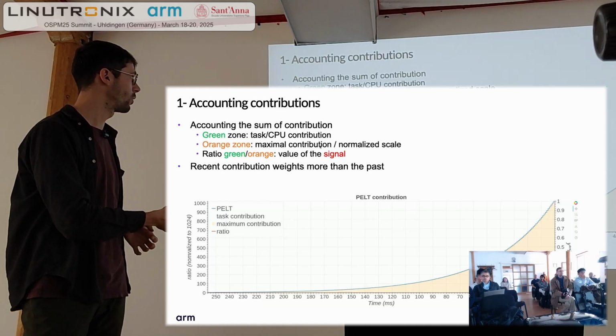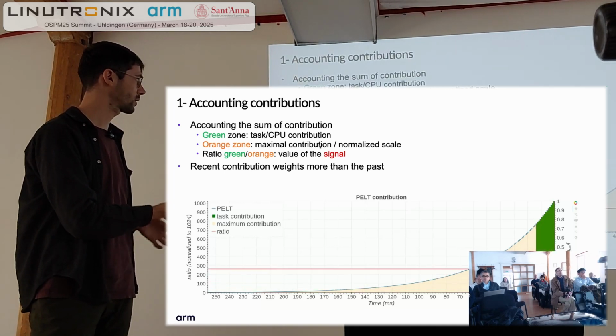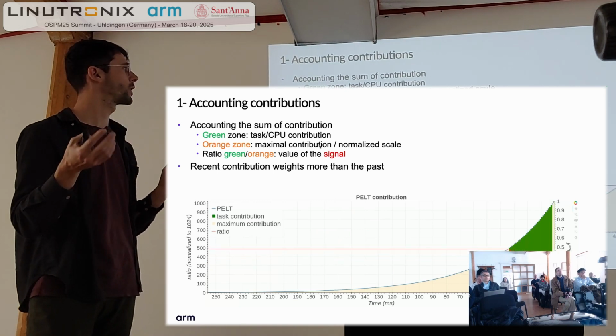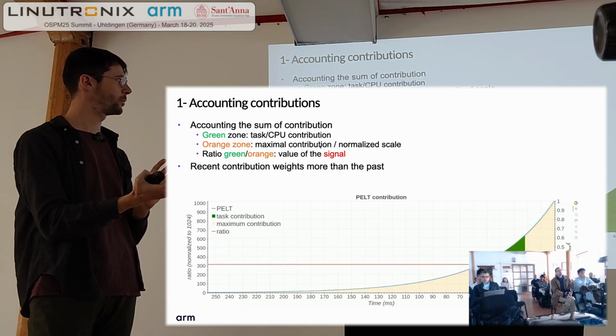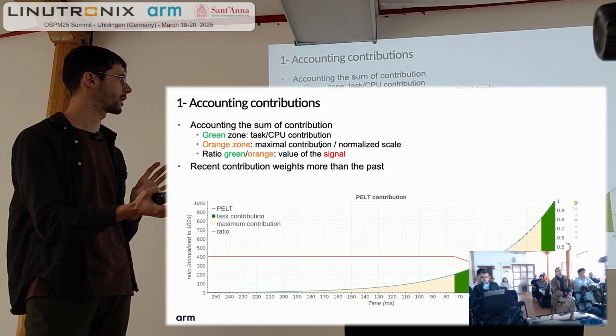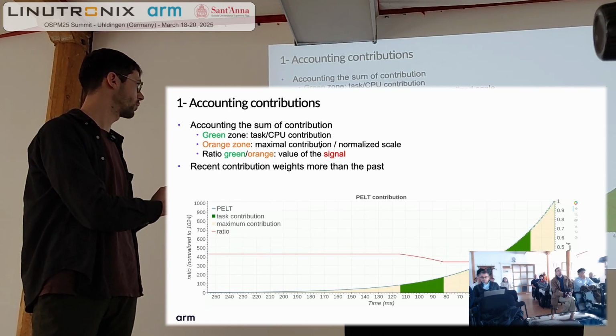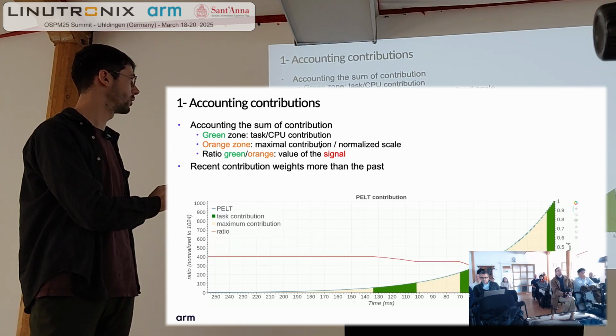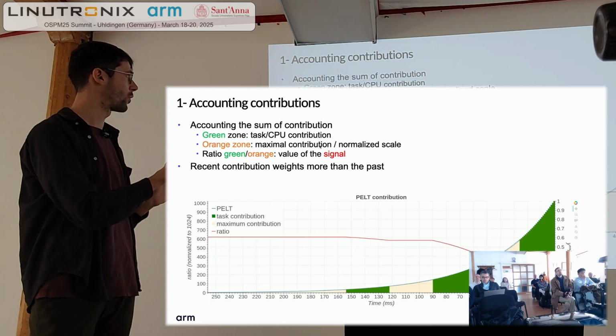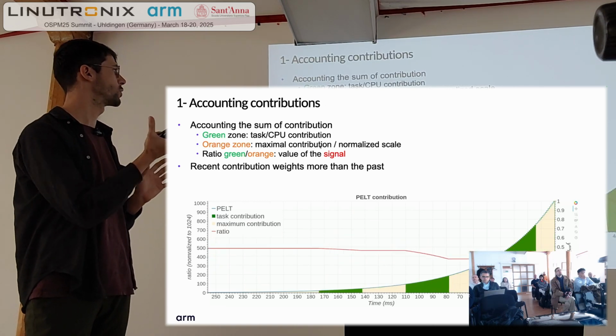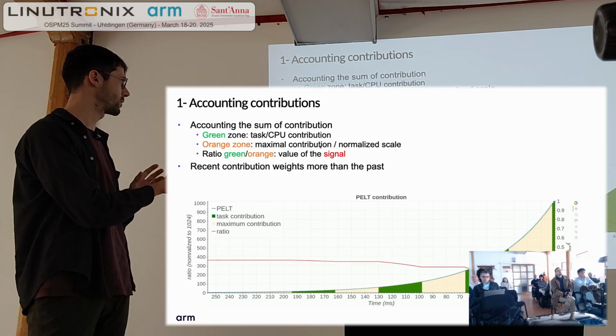If you have a task which runs 32 milliseconds, then sleeps 32 milliseconds, the contributions are going to be accounted like this. You can see that the more the contribution is in the past, the less it's going to weigh in the signal.